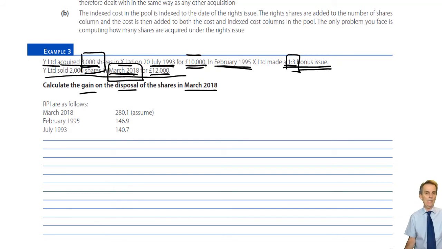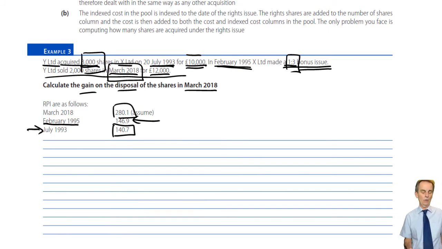Now we do re-index. We're re-indexing from the date of the original acquisition. That was July 93. So the re-indexation will be RPI now minus what it was at the date of the original acquisition, because though they gave us the RPI for February 95, when the bonus issue took place, that is ignored.